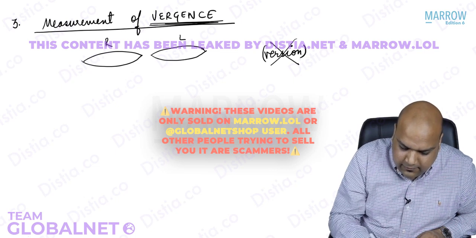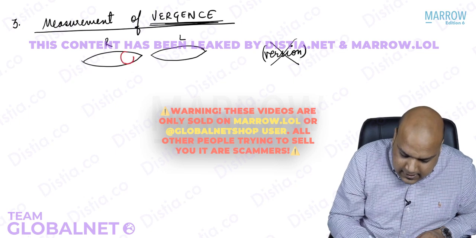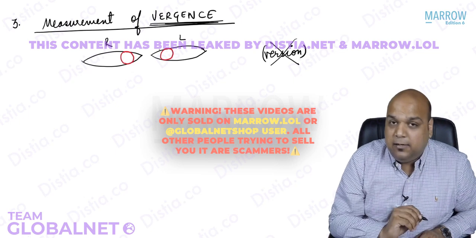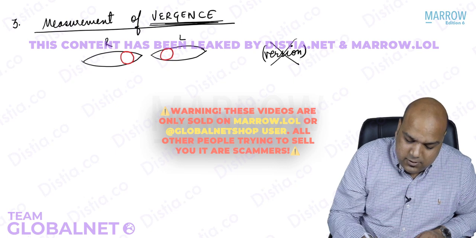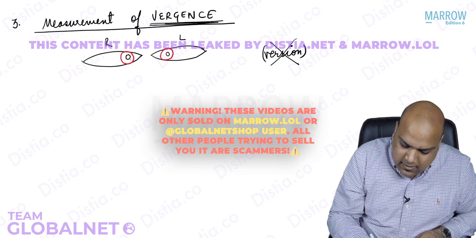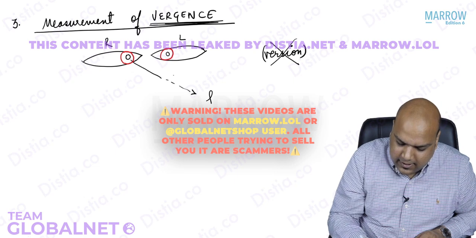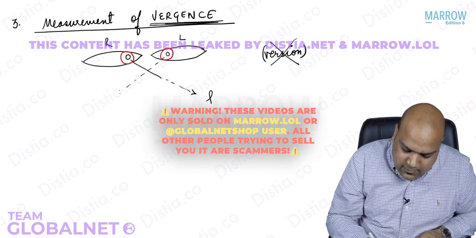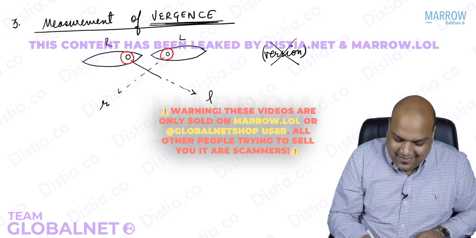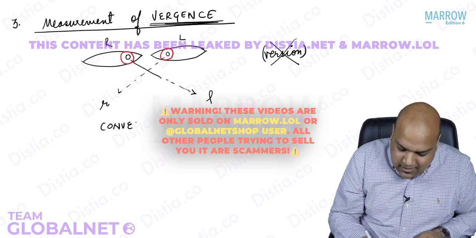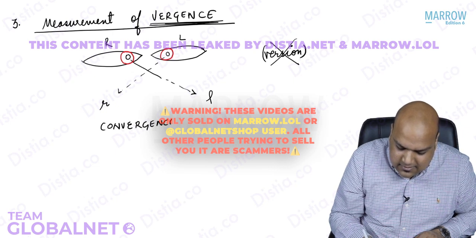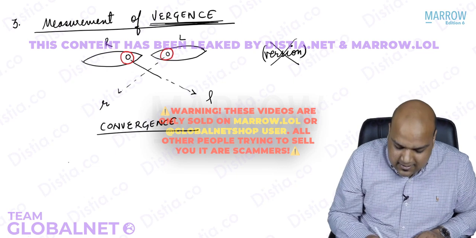Right eye, left eye. Right eye looking in, left eye looking in. Even though the eyeballs are looking in, everybody, right eye is looking in the left direction, left eye is looking in the right direction. This is called convergence. Okay?